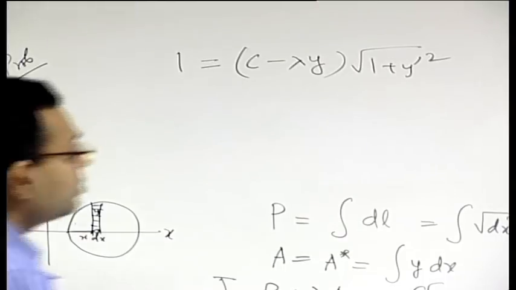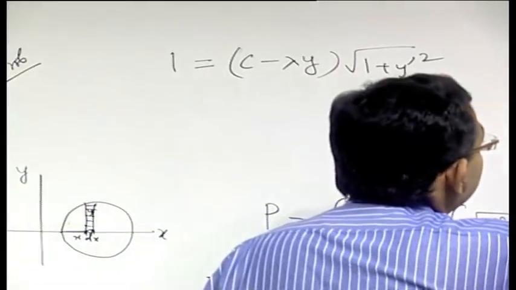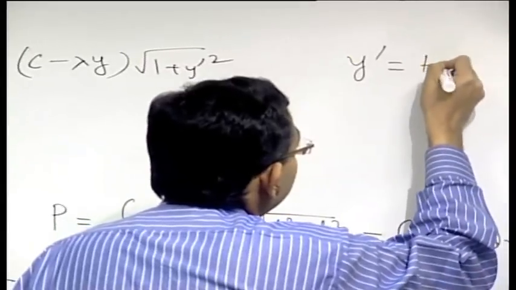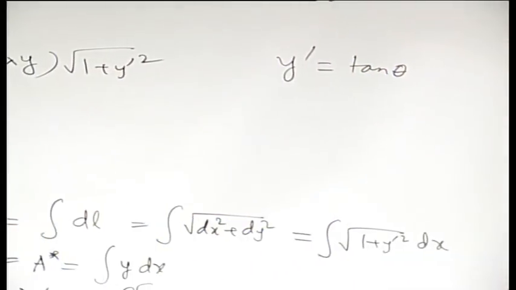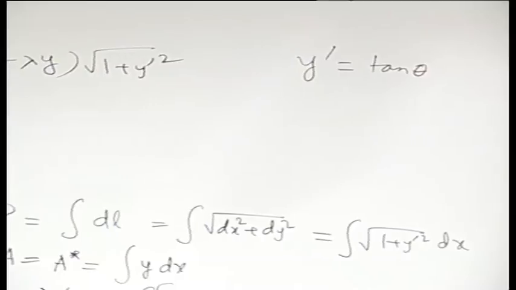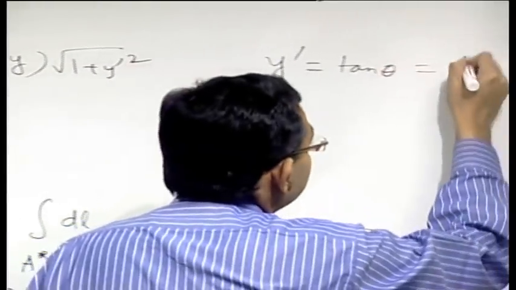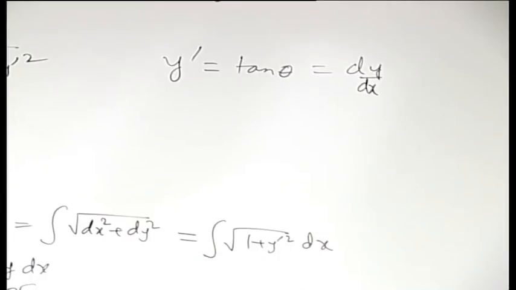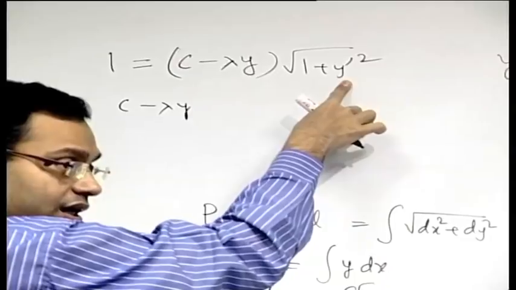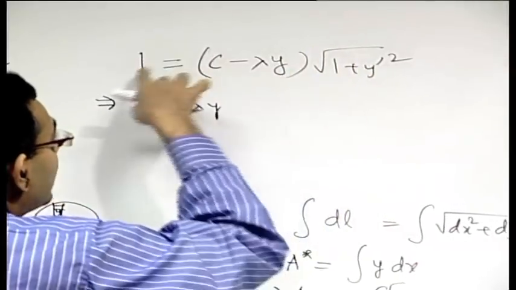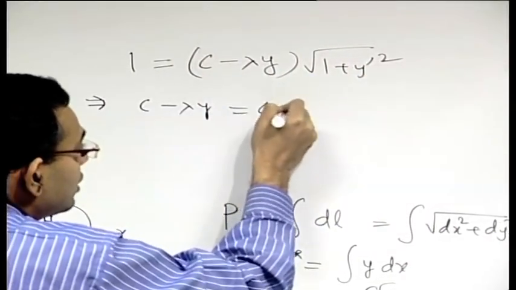So for further simplification you can write y prime as tan theta. That is nothing but dy dx, so you just give it a name tan theta. So that will mean that c minus lambda y, this is 1 plus tan square theta, sec square theta. That will go to the other side and become cos theta.